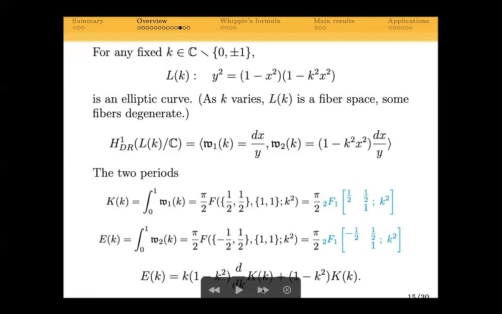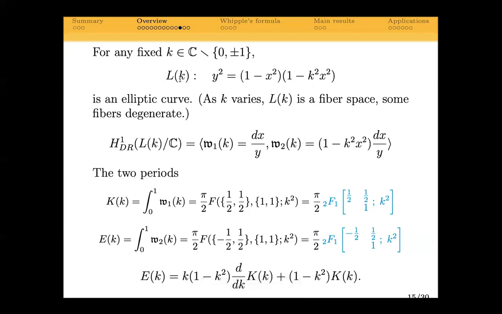And let me mention some of the more classical examples, how these different aspects are tied together. This is called the Legendre family of elliptic curves. The way you see it, k is a parameter.